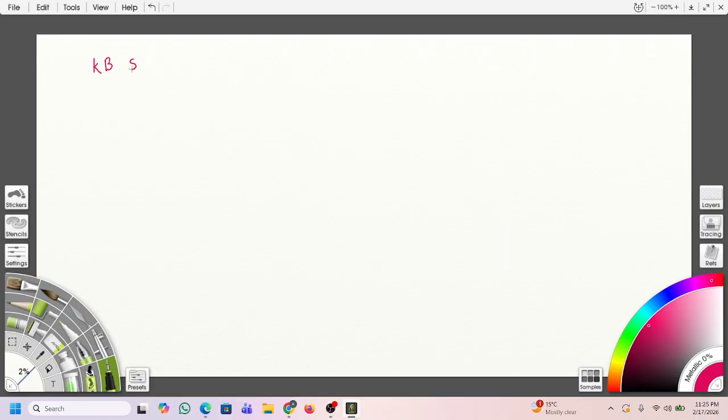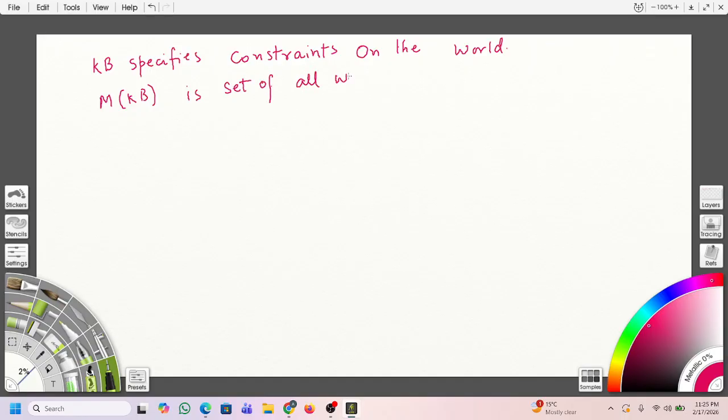KB specifies constraints on the world, whereas M(KB), that means the model of KB, is the set of all worlds satisfying those conditions.